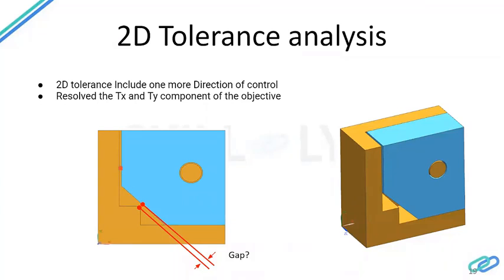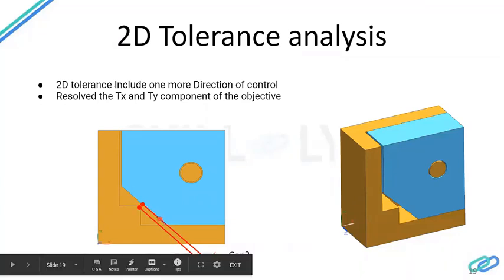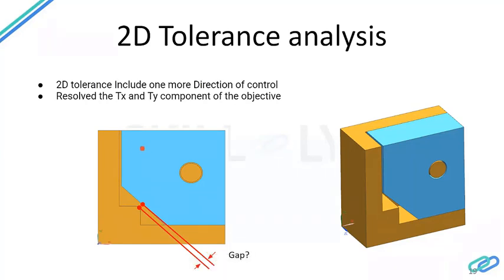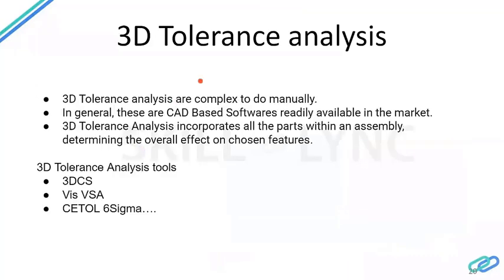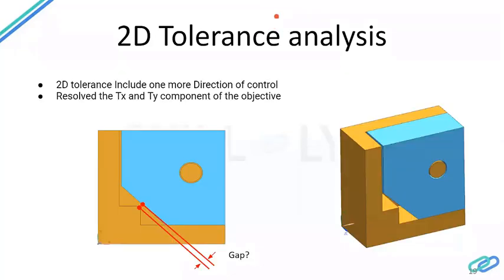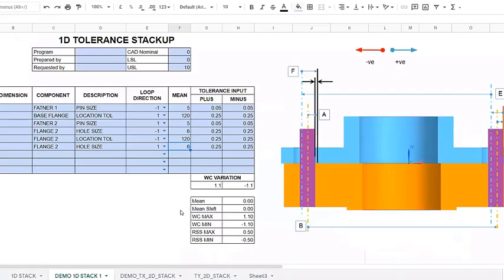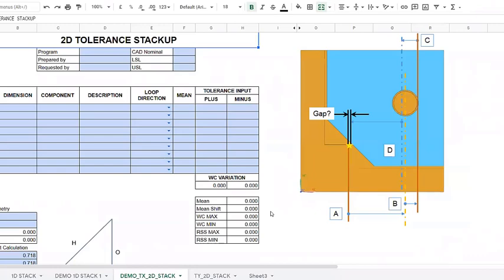The problem here is that it's an inclined feature. So the variation will come from the horizontal movement of the whole insert and the vertical movement of the whole insert. That's why we resolve both the Tx and Ty components of the objective and of the variable.